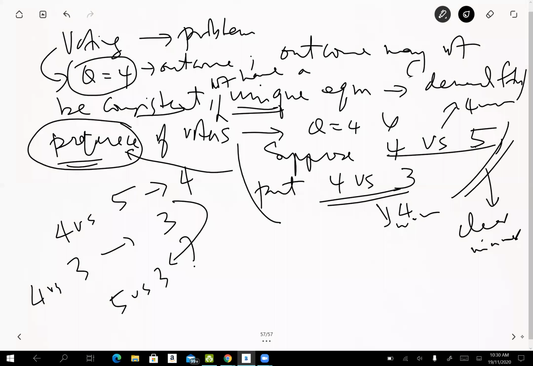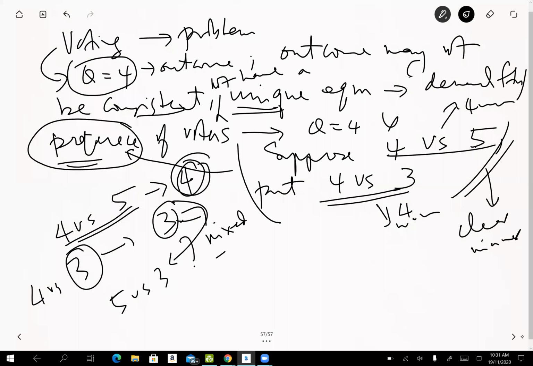So now you don't have a clear winner. You have 4 and then 3. So what we are saying is this: when 4 goes against 5, 4 wins. But if you put another number, 3, then everything gets mixed up. Then you'll see no clear winner. So here there is no clear winner.